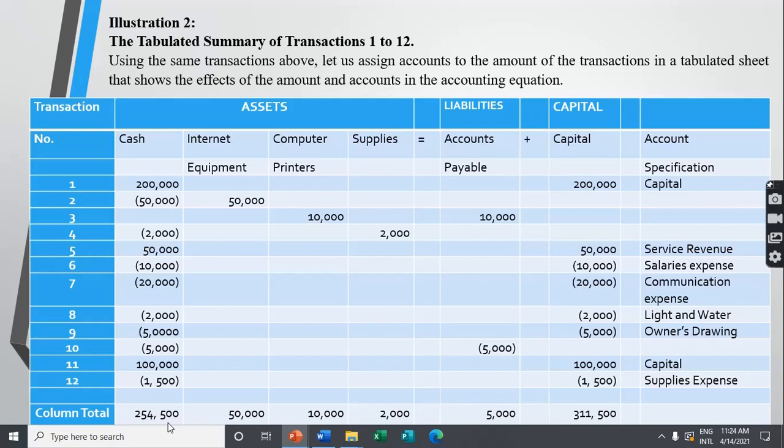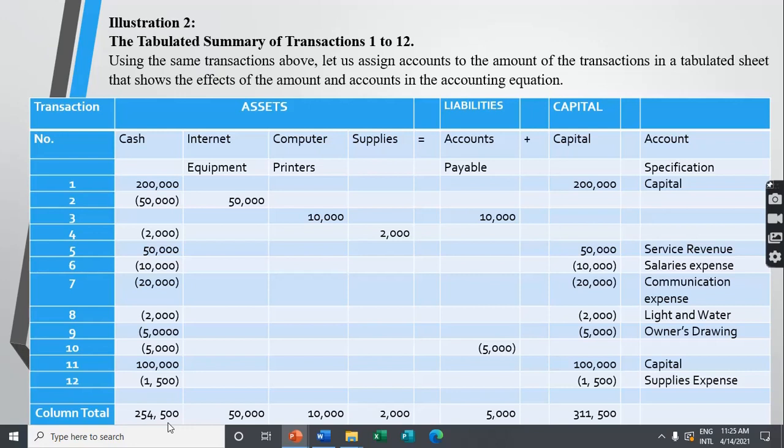Okay, 254,500 plus 50,000 plus 10,000 plus 2,000.